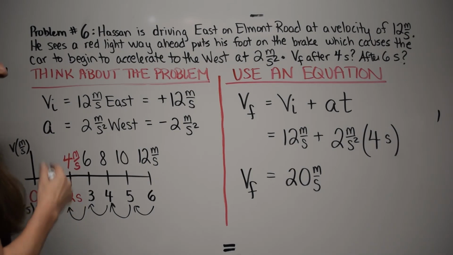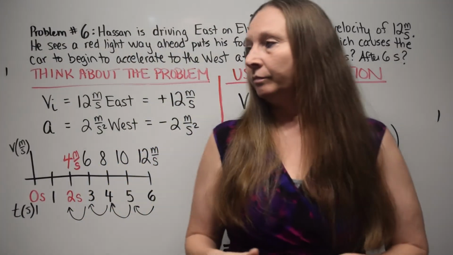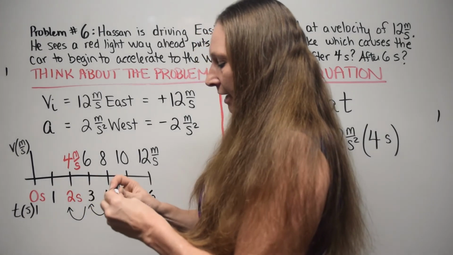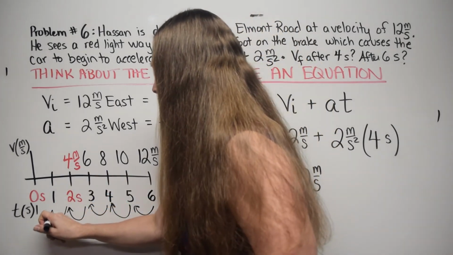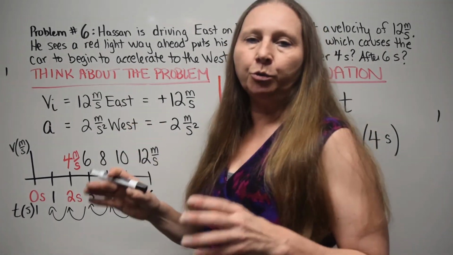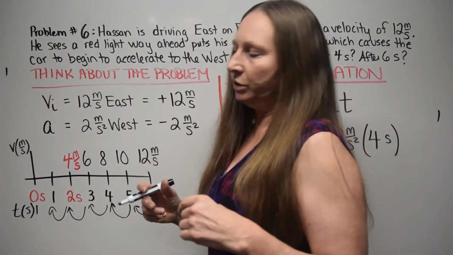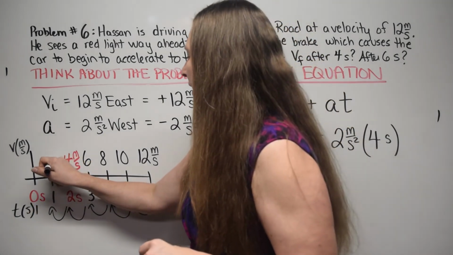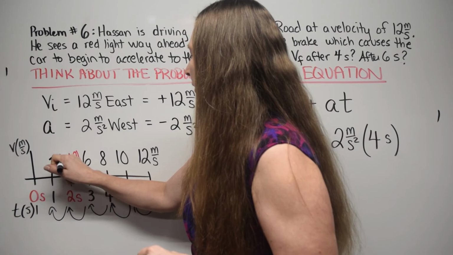Now you keep slowing down. Your foot is still on the brake. After another second goes by, and sometimes jumps like this are a great visual way to keep track of what's going on, your speed is now 2 meters per second.